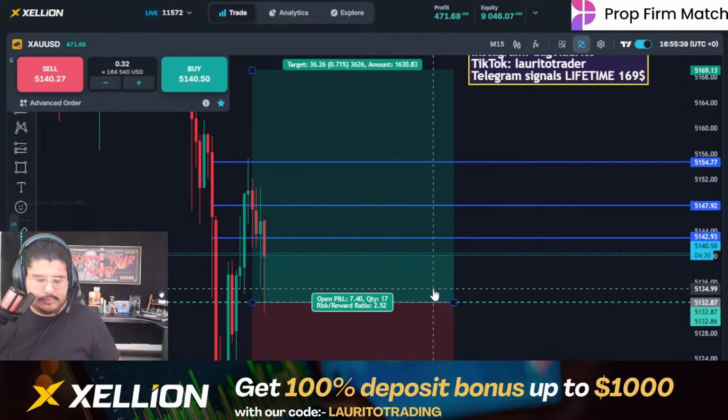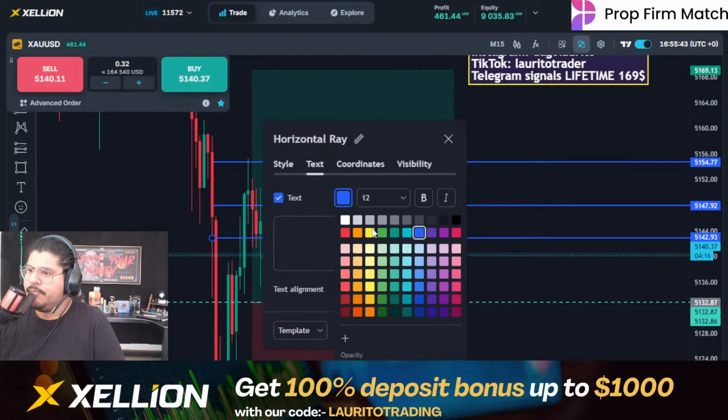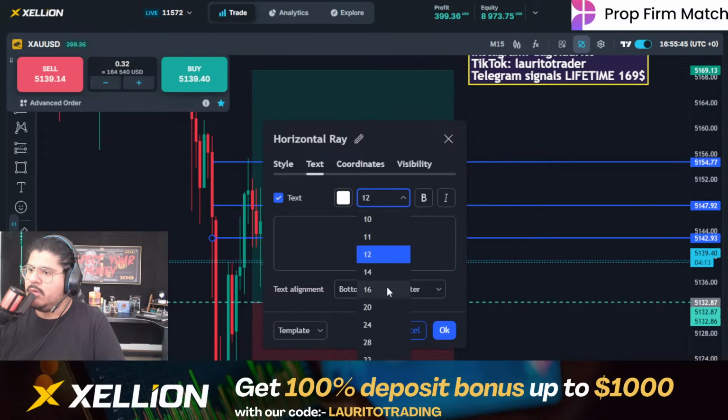Okay, arriving at the possible TP1, giving us a good reaction.